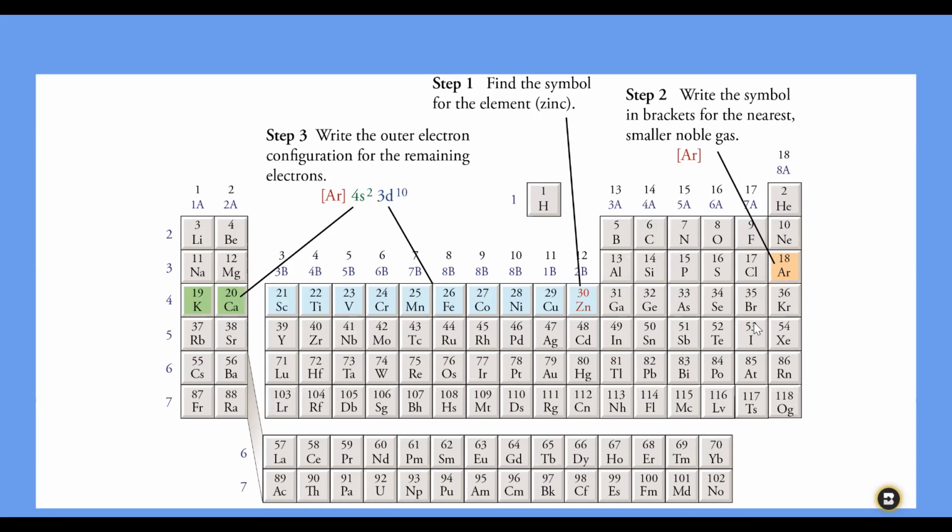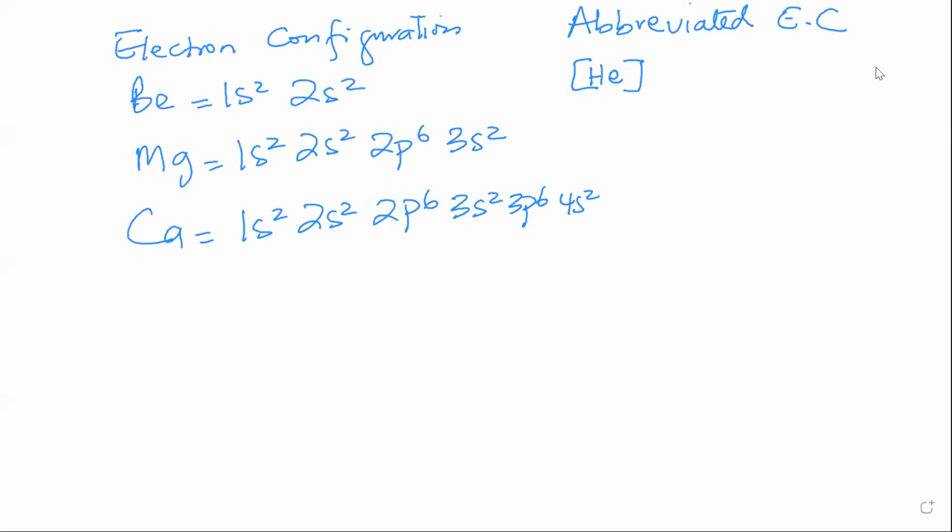But I think I will demonstrate this first so that it's not confusing. Please take out your periodic table. I want you to look at the electron configuration of beryllium, 1s2 2s2.